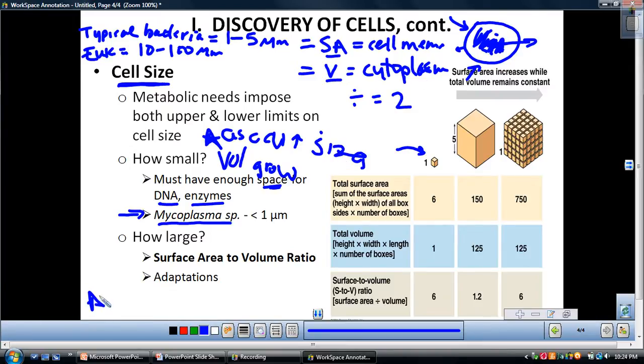Now, what is beneficial is that organisms want a high surface area to volume ratio. A high surface area to volume ratio facilitates the exchange of materials between the cell and the environment.